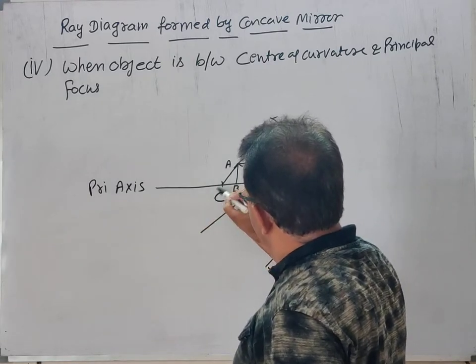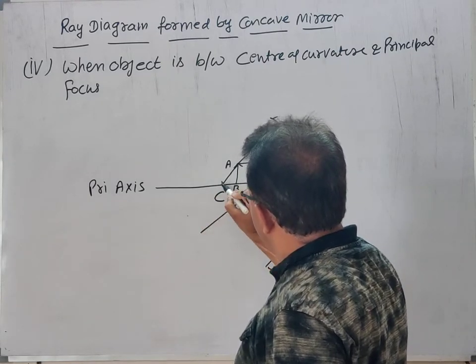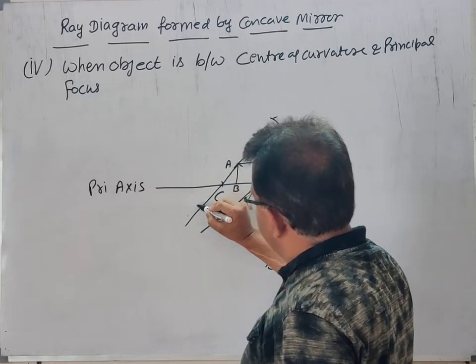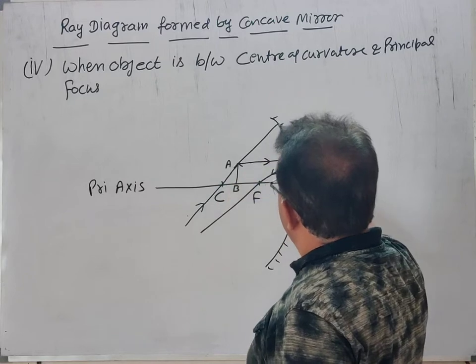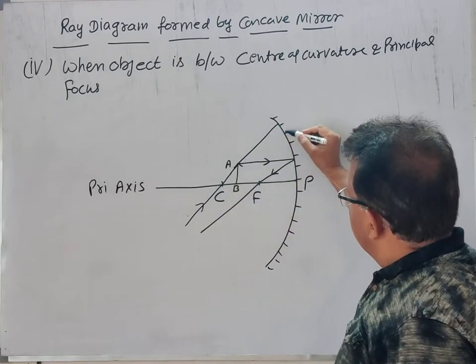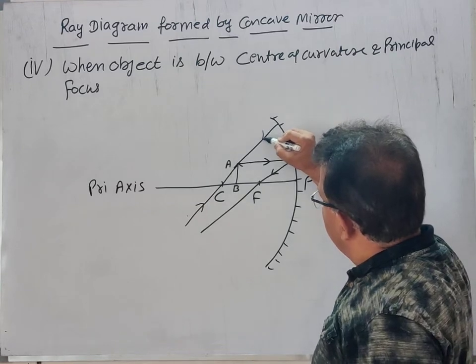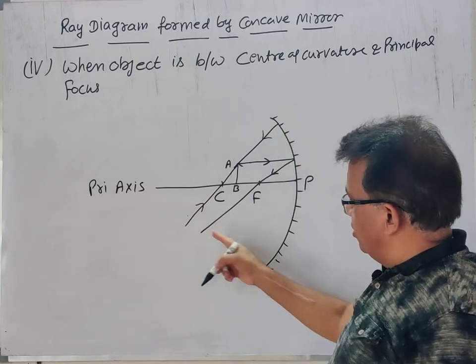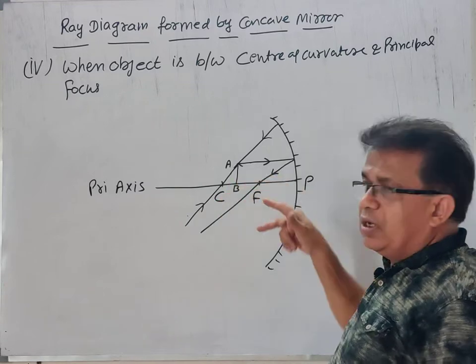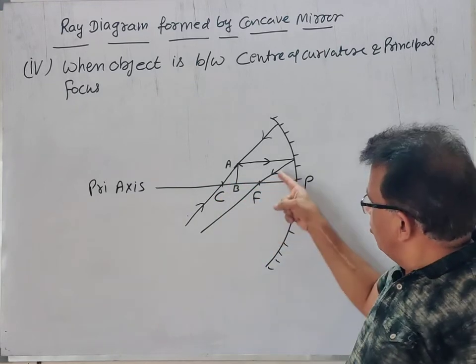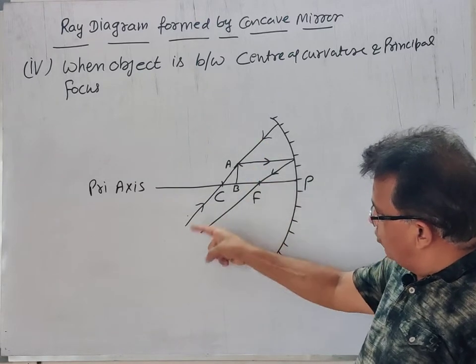It is the incident ray, falling on the concave mirror passing through the center of curvature, therefore reflected along the same path. We are observing, and we know that the image is formed where the reflected rays meet. So this is a reflected ray and it is also a reflected ray.